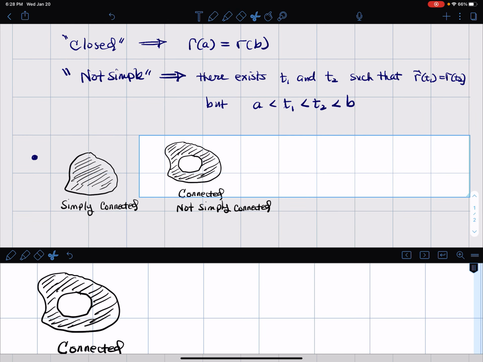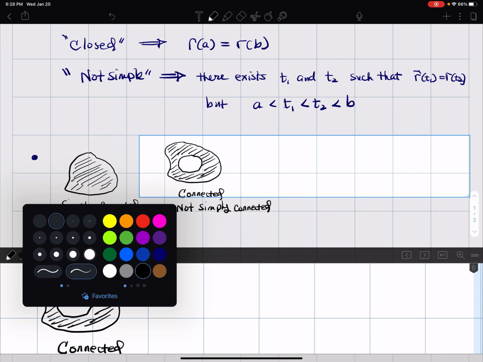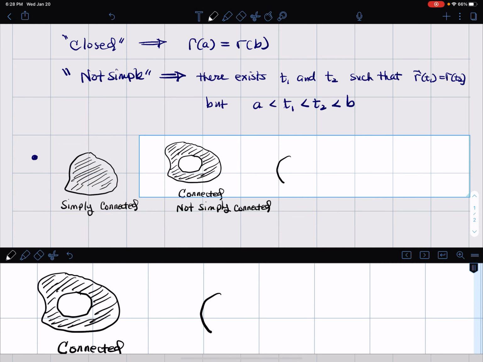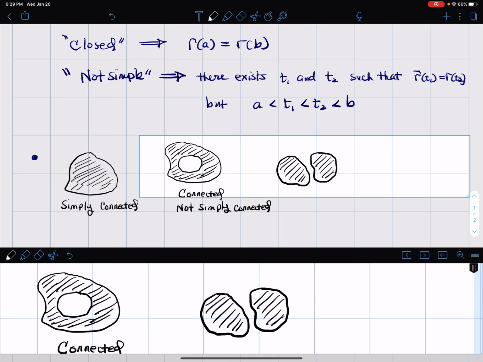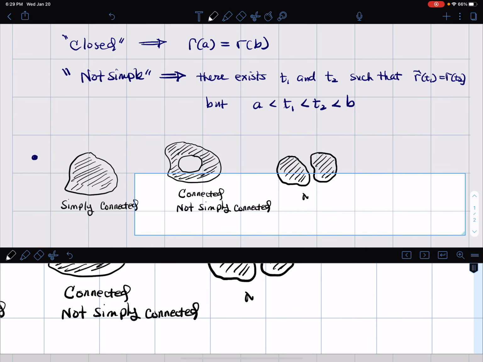Let's look at another region. This is a region made up of two regions. These regions are not connected, but simply connected.